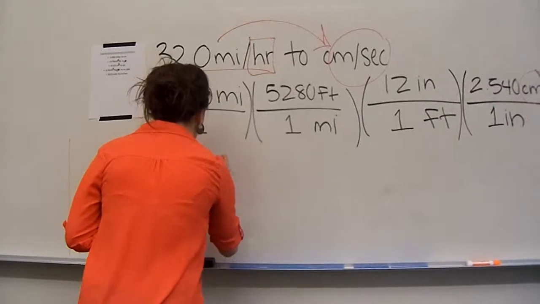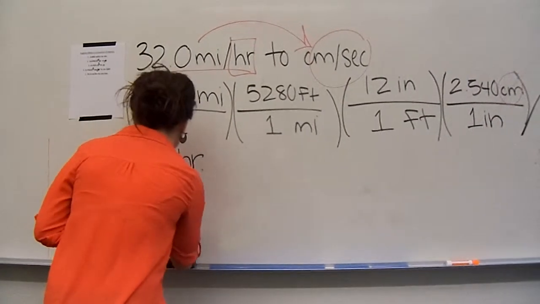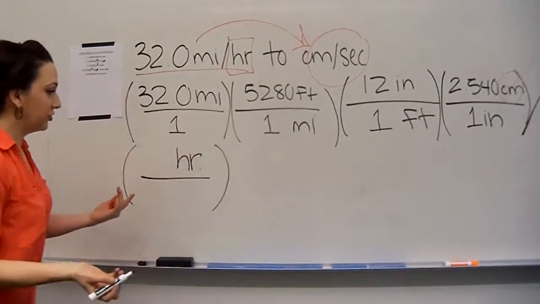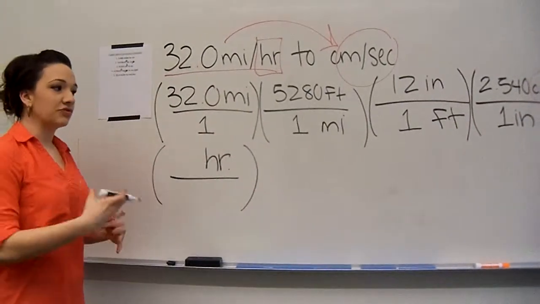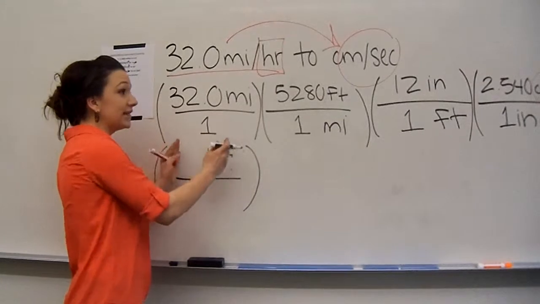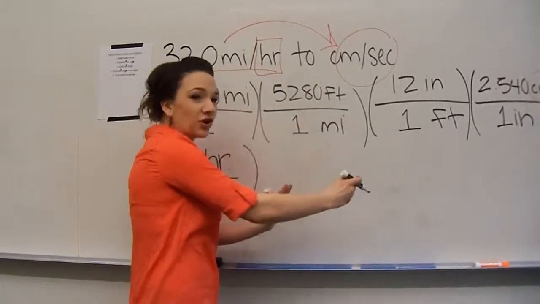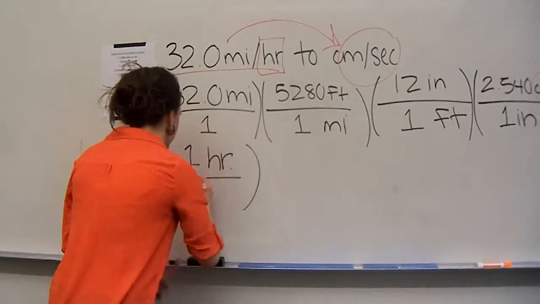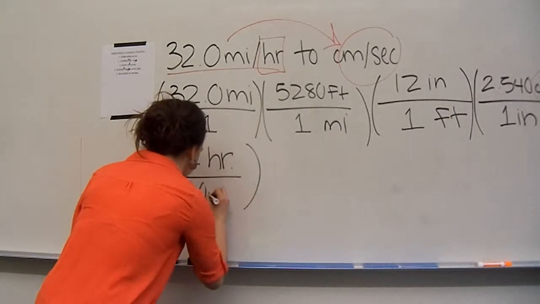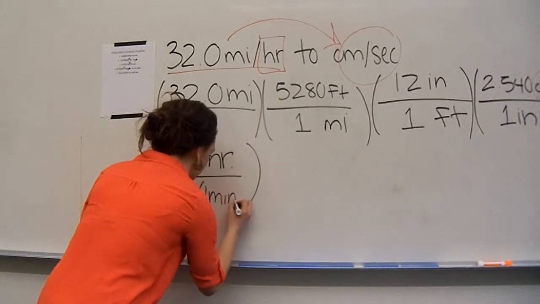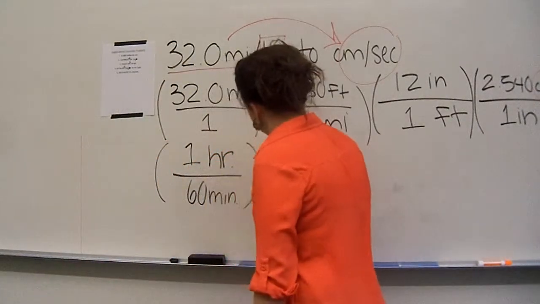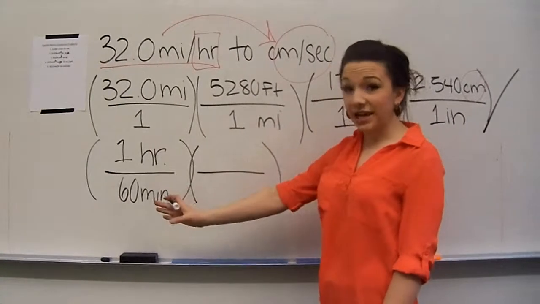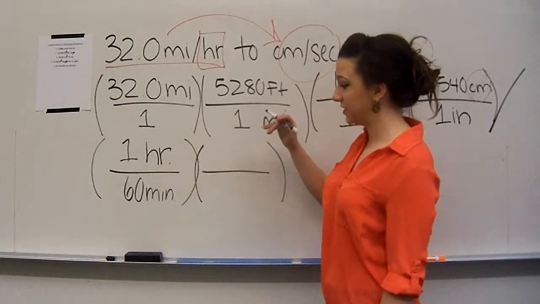So we have an hour. As I said, from your knowledge, you basically come up with a trial and error as to how you can take the beginning and get where you want to get to. So I know that 1 hour is equal to 60 minutes. We match this diagonally, but for the second portion, going from the bottom to the top.